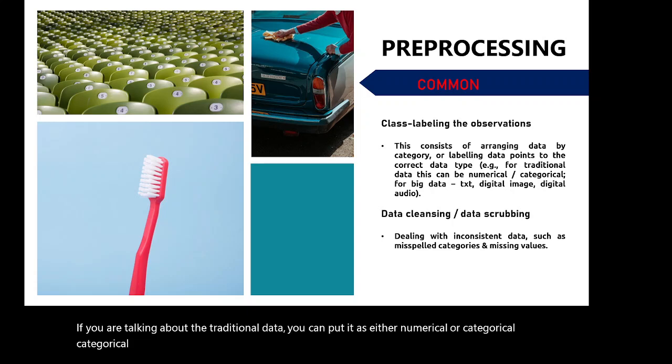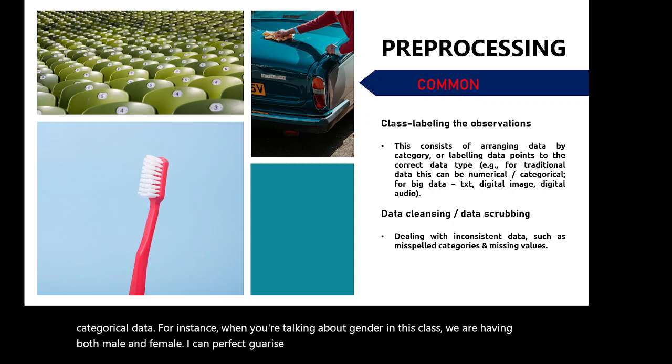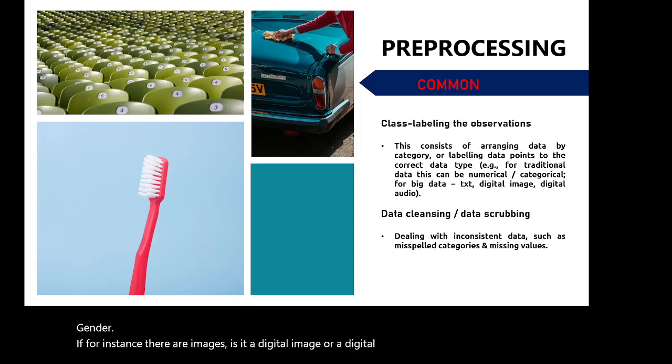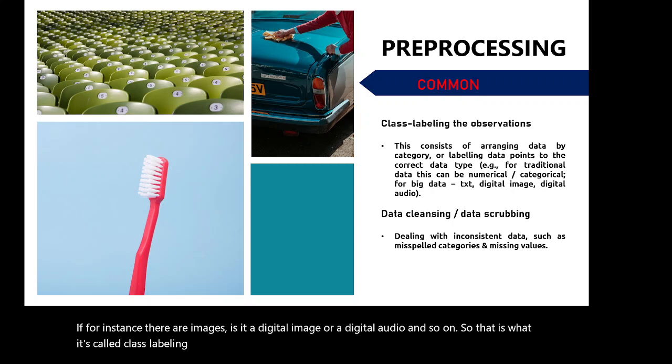Categorical data, for instance, is gender, where in this class we have both male and female. If, for instance, there are images, is it a digital image or a digital audio, and so on. So that is what is called class labeling. You classify the data.